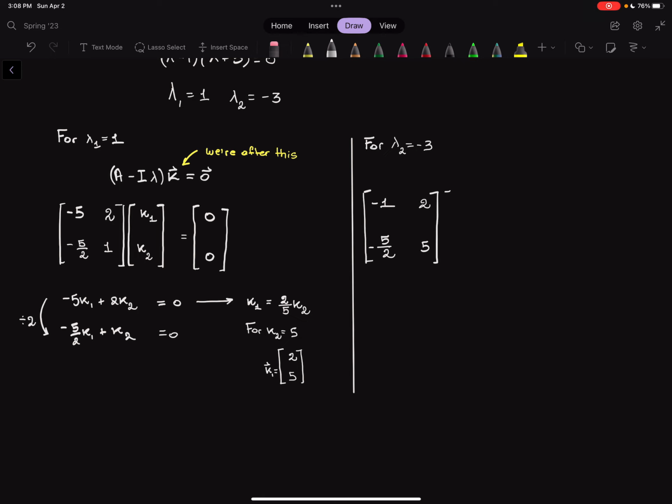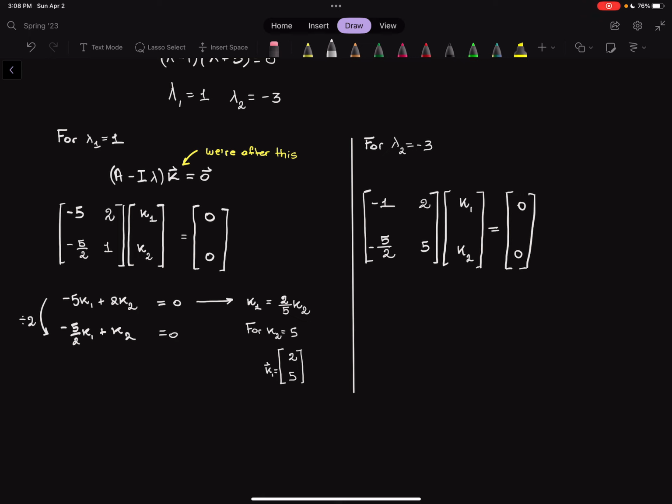Then we're again going to have your K1 and K2 here, not to get confused with the other K1 and K2, or you could choose some other variables. And here you're going to have the 0 vector. Now, same as before, we're going to have two linearly dependent equations.